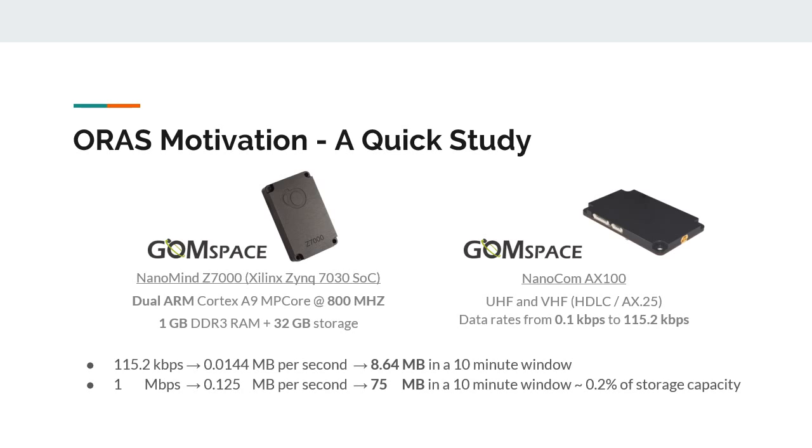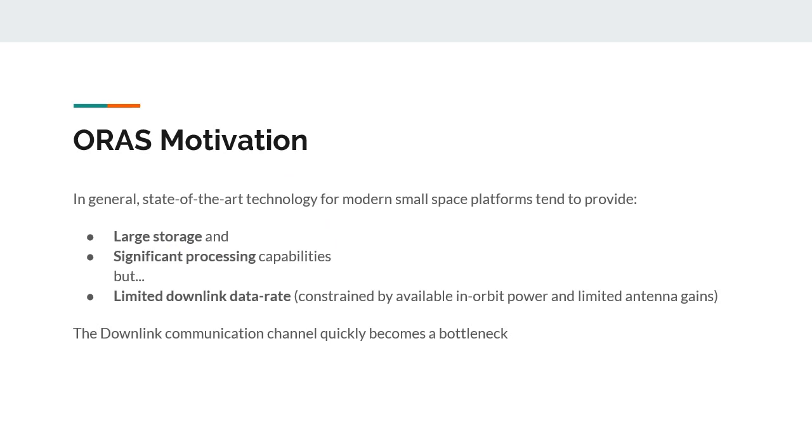Even at higher data rates, such as 1 megabit per second, we are still barely using 1% of the storage capacity offered by the product on the left, the Nanomind Z7000 from GomSpace. This is a particular study, but in general it applies to most commercially available CubeSat subsystems nowadays.